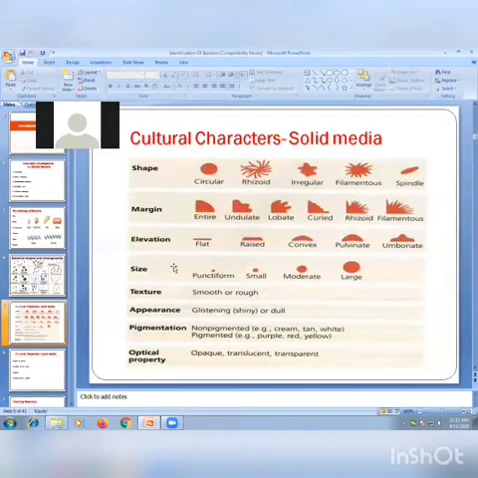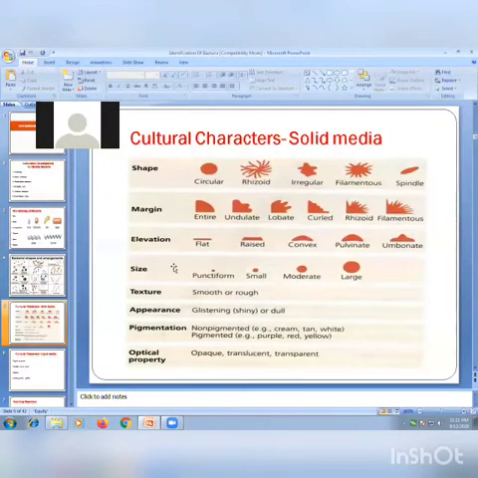You observe here, or you write down, circular. Few bacteria produce exactly circular shaped colonies. Then a few have the ability to produce rhizoid, irregular, filamentous, and spindle shaped colonies. All these shapes I have given in the picture.